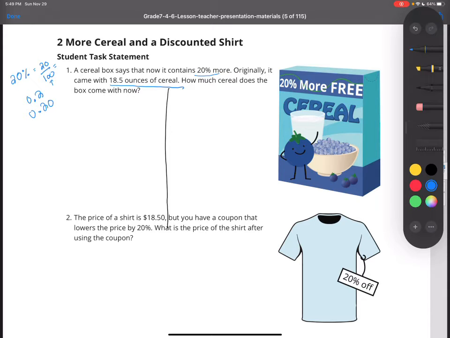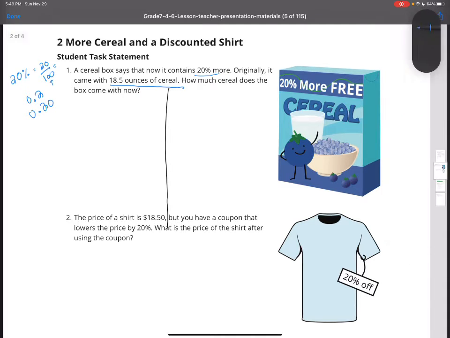The reason is that we need to find out what is 20%, that portion, of 18.5, because we're not just adding 20. That will be more than just a portion of 18.5. So I don't want to multiply 18.5 by 20.